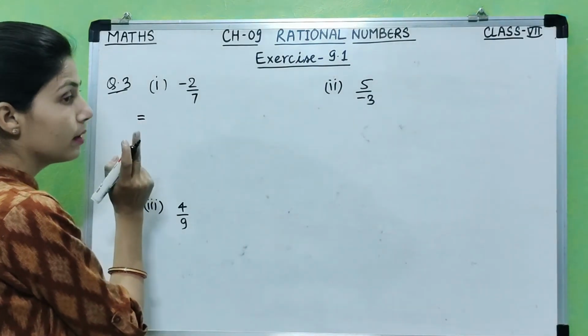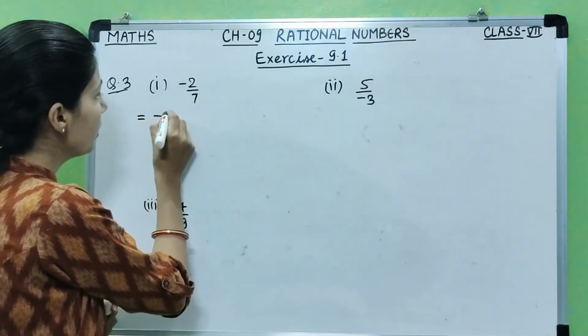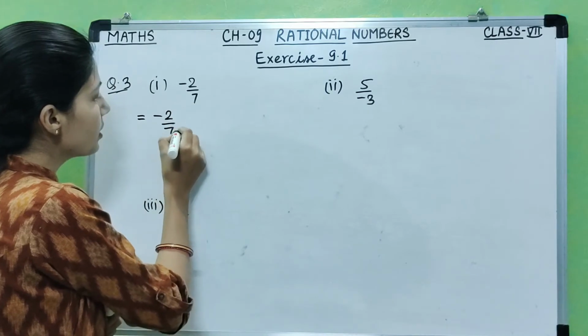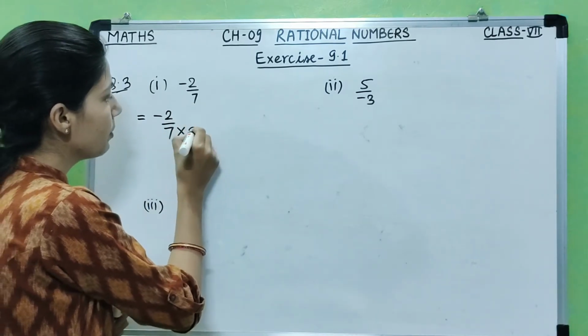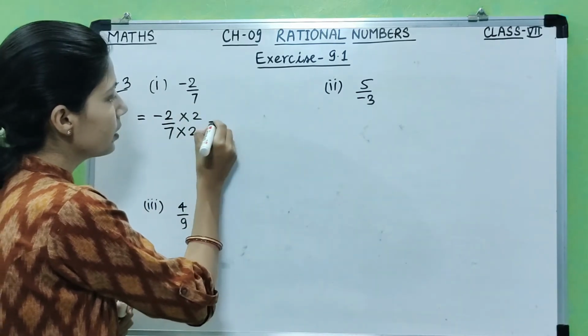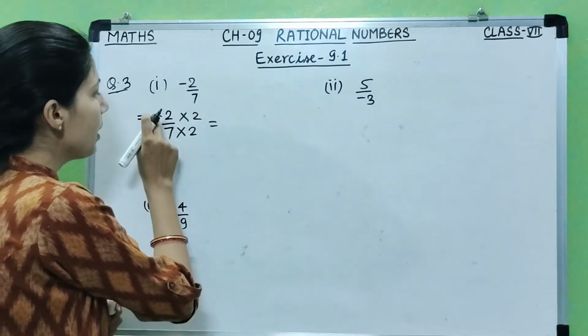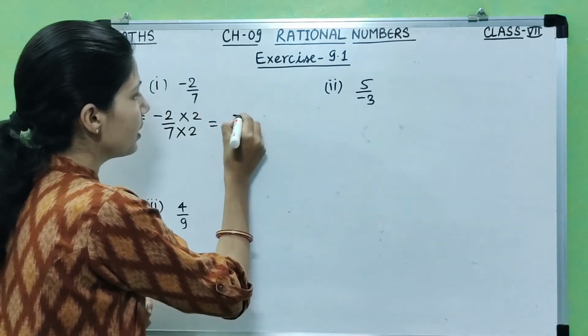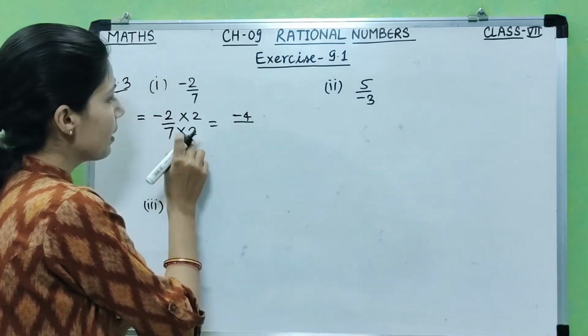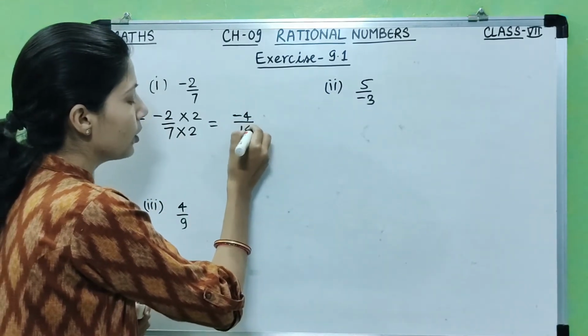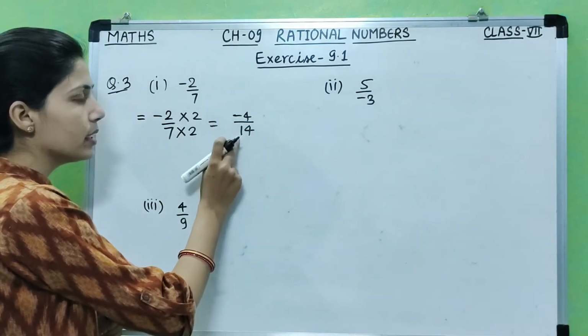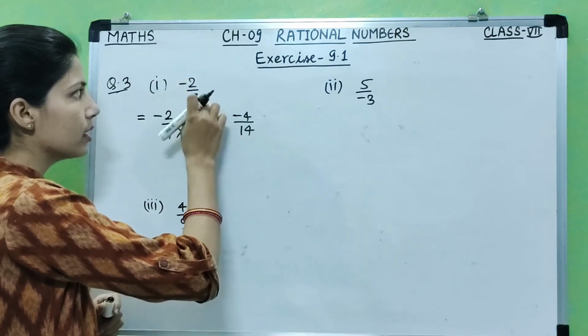So first equivalent rational number will be -2 upon 7 into, suppose here we are multiplying by 2. So what will be the rational number? -2 into 2 is -4 and 7 into 2 is 14. So -4 upon 14 is 1 equivalent rational number of this.